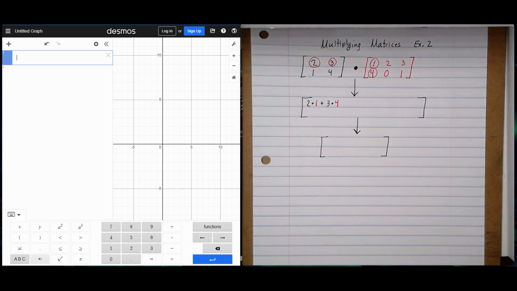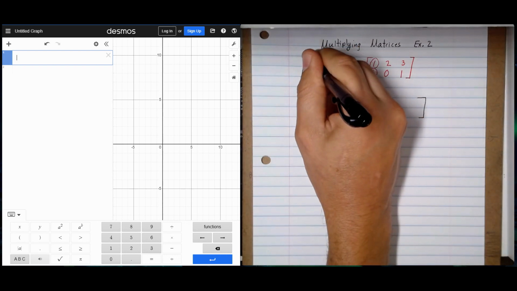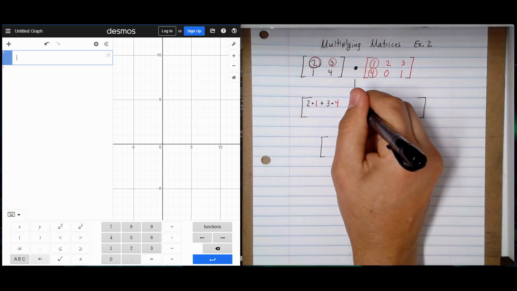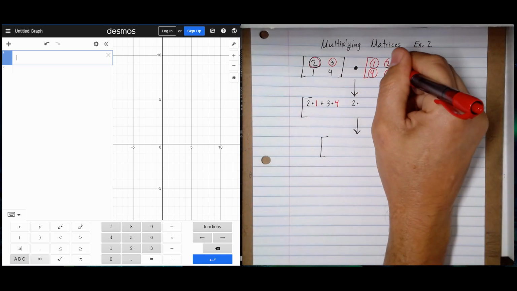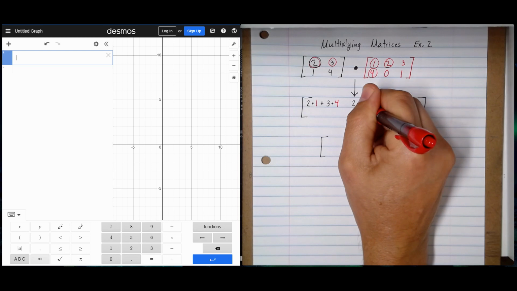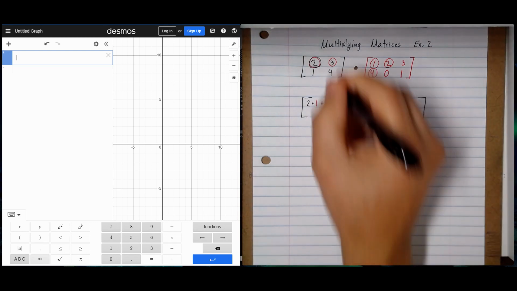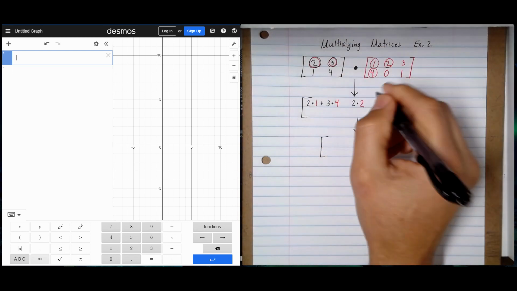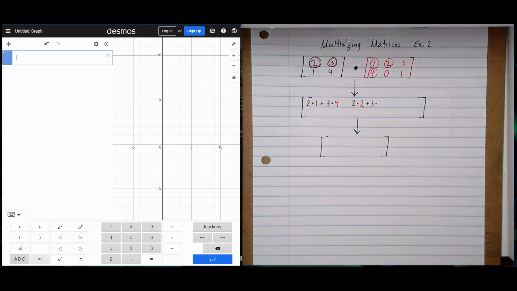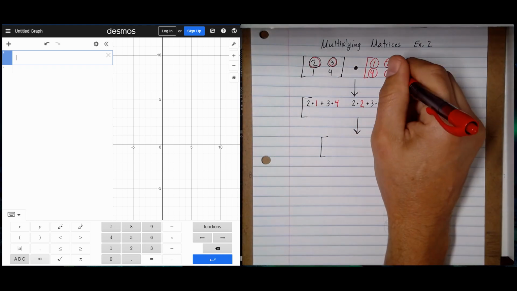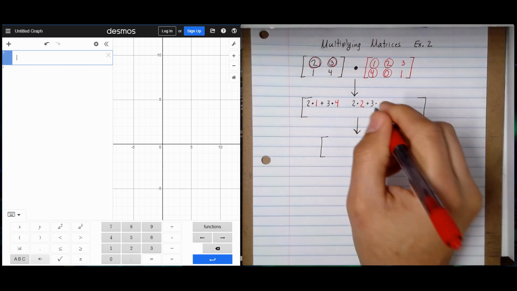Now we're going to do the next one, following the same process. I'm going to go ahead and take this 2. So I'm going to write it 2 times this value of 2 right here. And then I'm going to take my 3. So plus 3 times this value of 0.